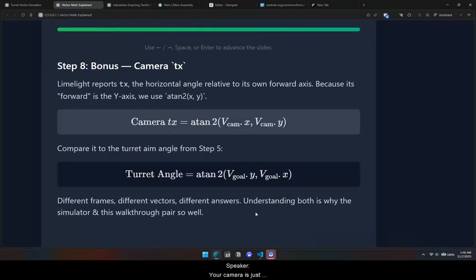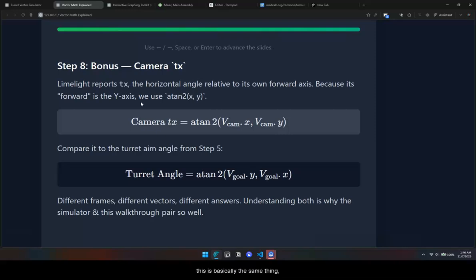Your camera dx is just arctangent to and then your x and your y component. What does arctangent do, you say? Well, remember, tangent of theta is just opposite divided by adjacent, and if you want to find theta, you gotta do tan inverse of opposite and adjacent to get your theta, right?